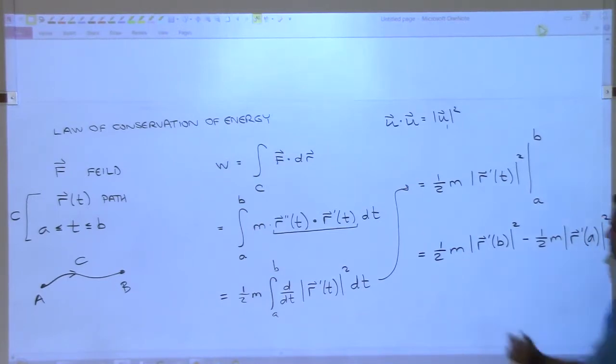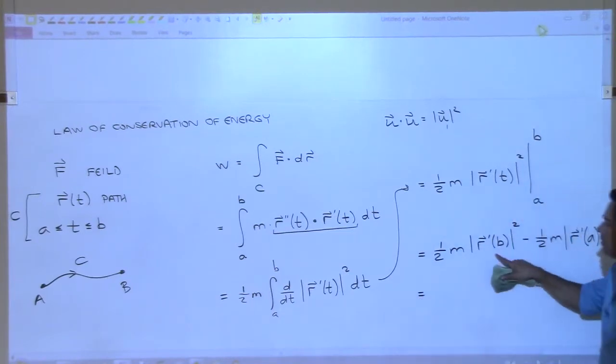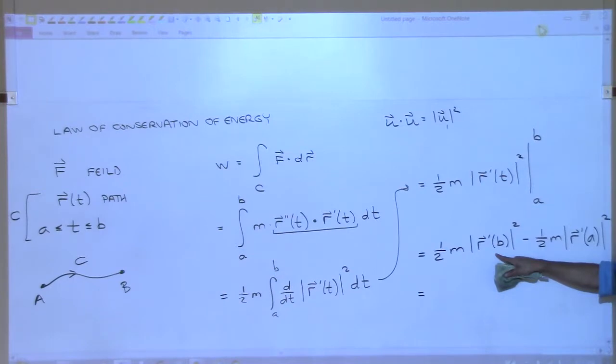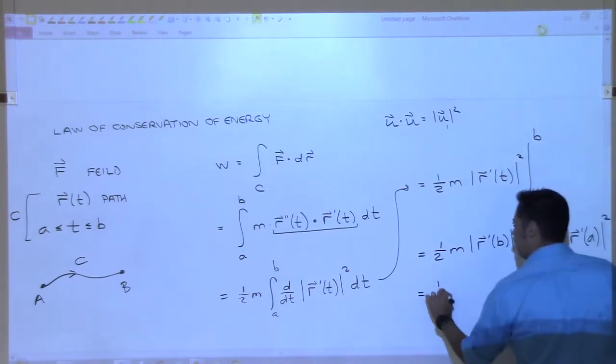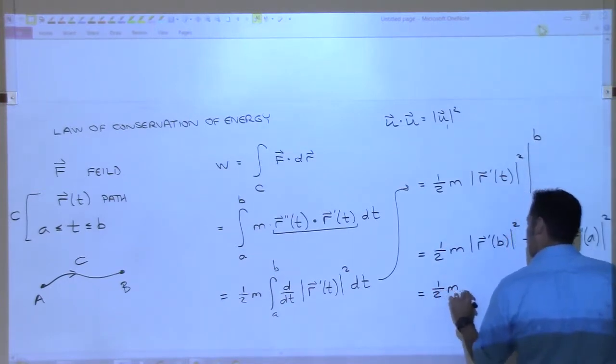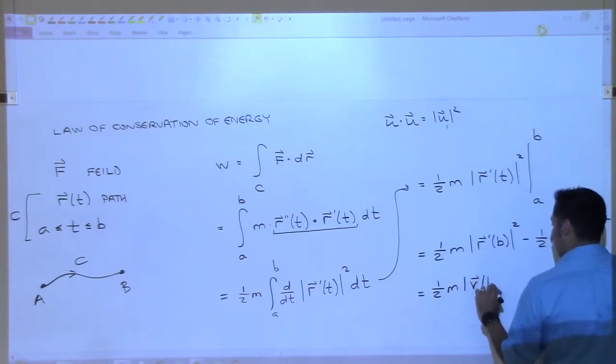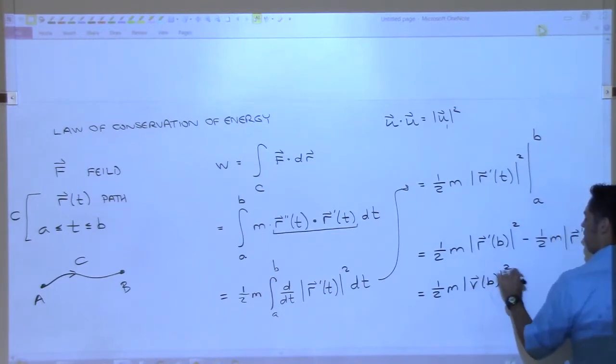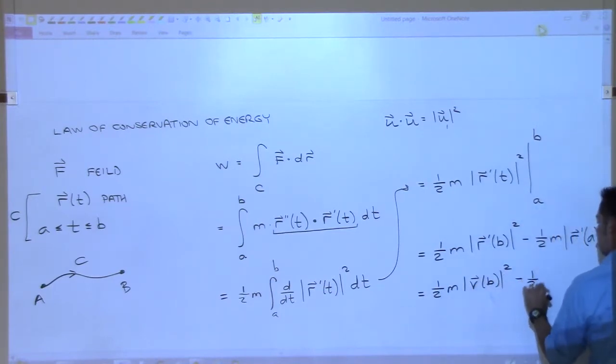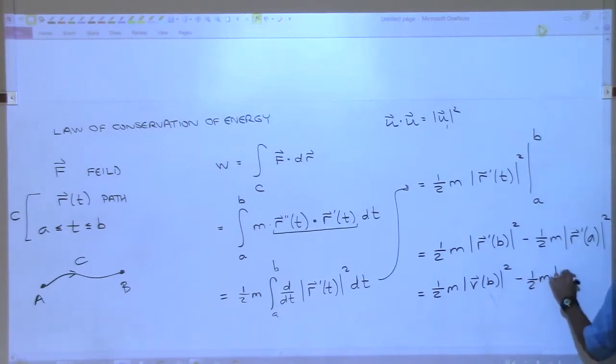And we know that the first derivative of the position function is velocity, right? So this is half of the mass times the velocity at B squared minus half the mass times the velocity at A squared.